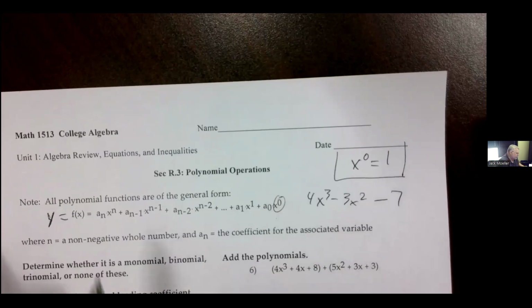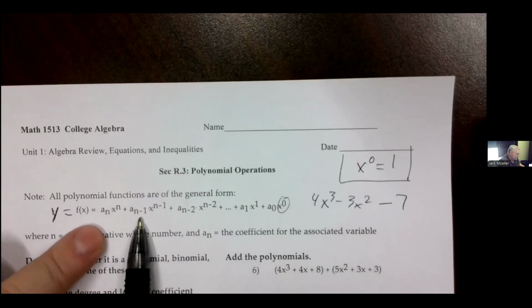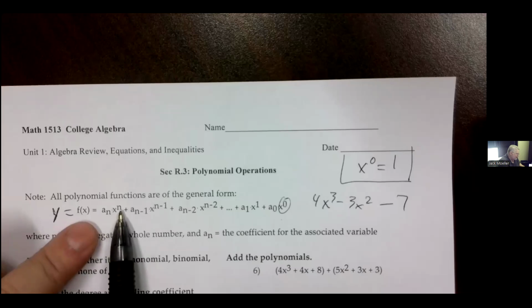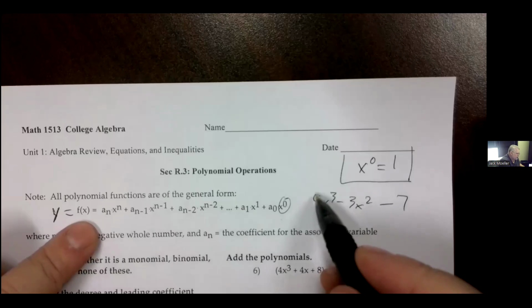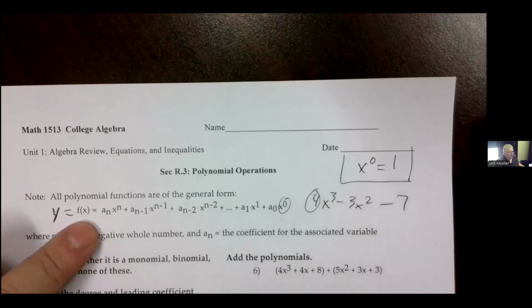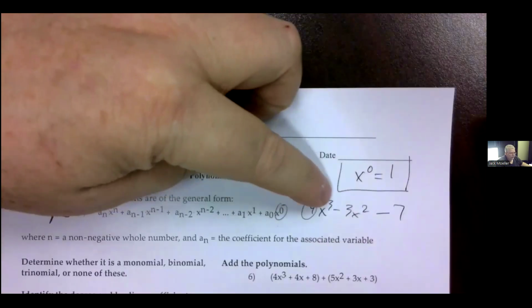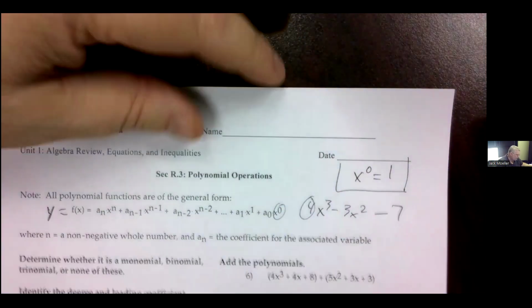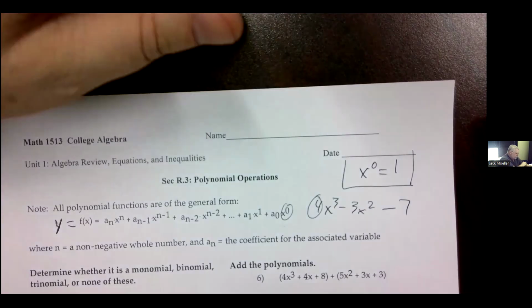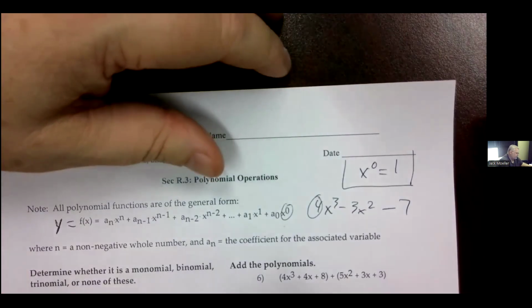Something else on that. What those subscripts mean is, for the x cubed, that would be a sub 3. In this case, that a sub 3 would be the 4. So these a's sub whatever are the coefficients on the corresponding terms. There's really 2 that are important, particularly later in the semester.